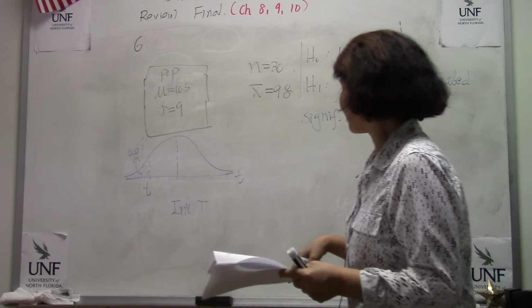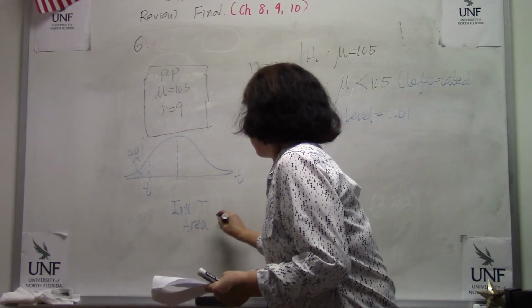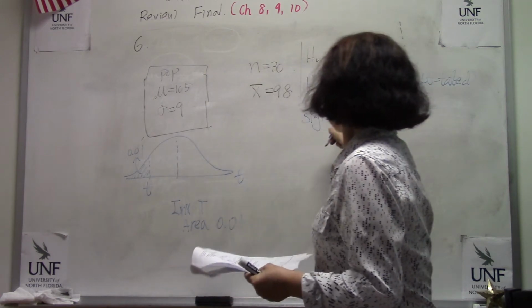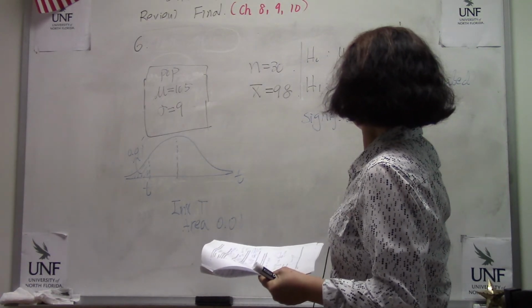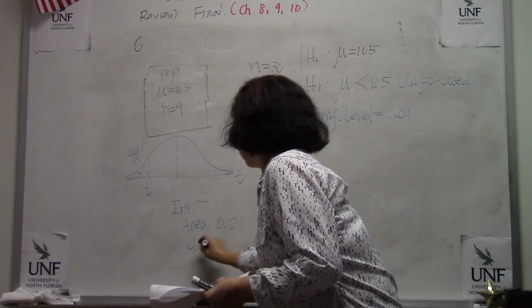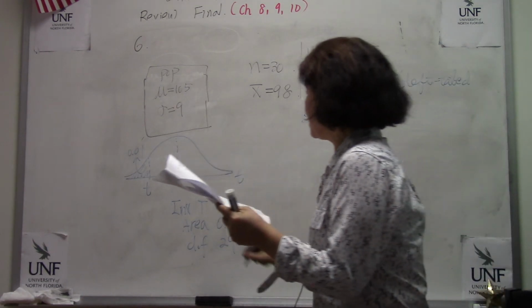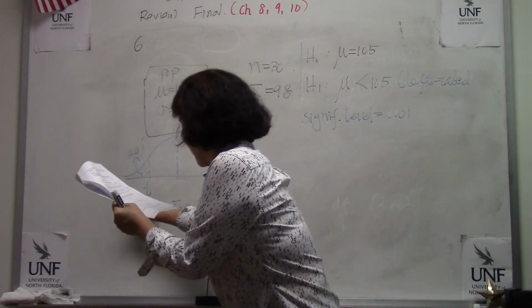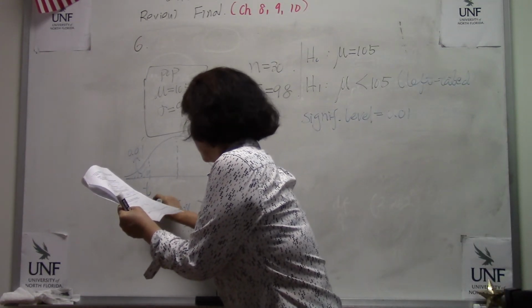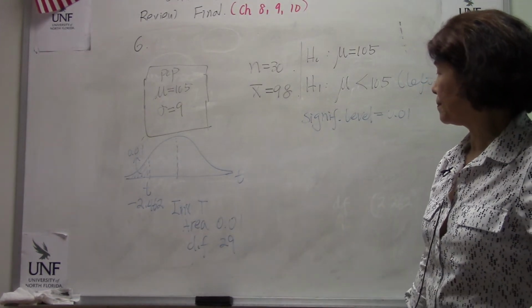And here the area is 0.01, and degrees of freedom is 29. As soon as you put in there, this t value is negative 2.462. You can go to the table also, okay?